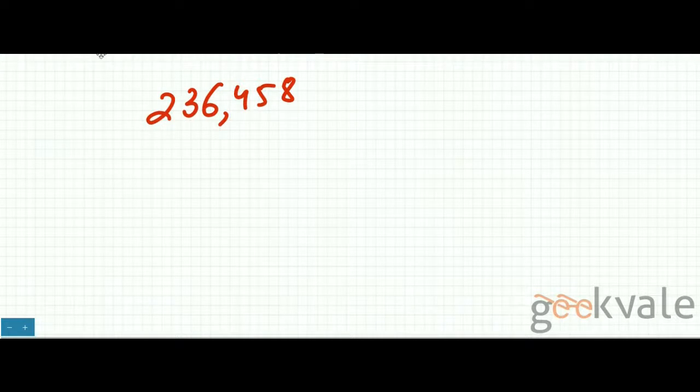Now, if we are asked to round this number to the nearest 10, pay attention. First of all, locate this place value. Nearest 10. What is the number at this place value? At the 10 place value, that is 5.